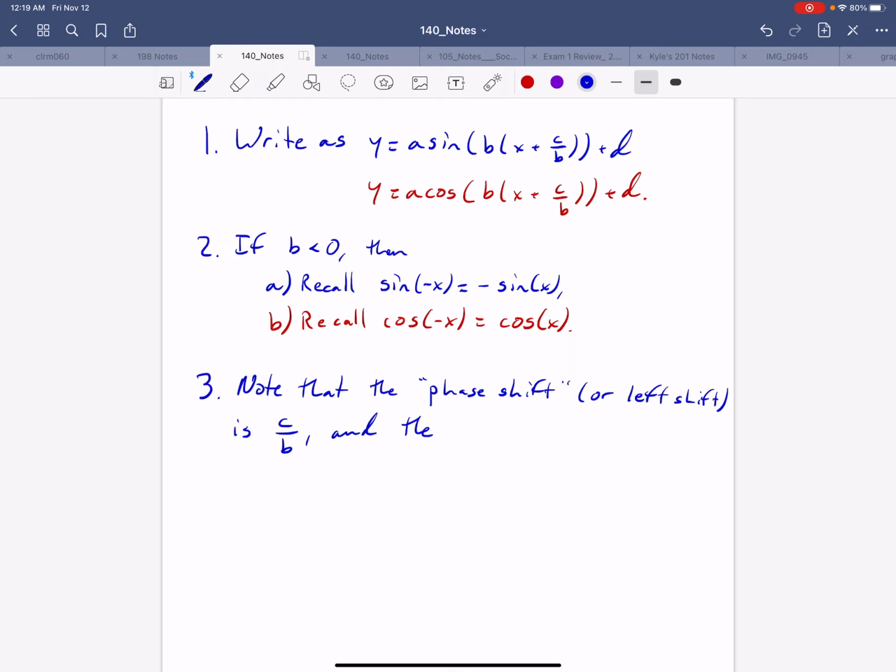And the period is 2 pi over the absolute value of b. So noting those two things, mark both values on the x-axis. Okay?